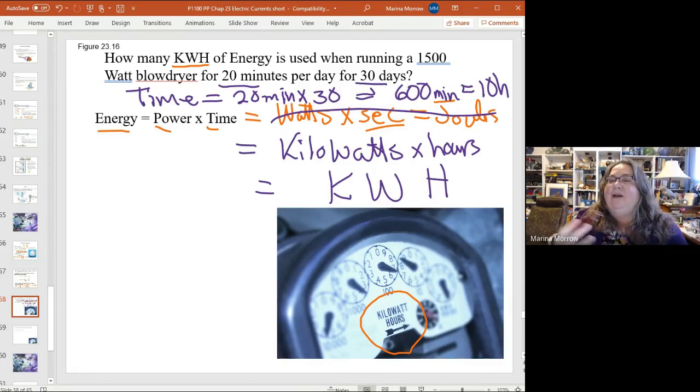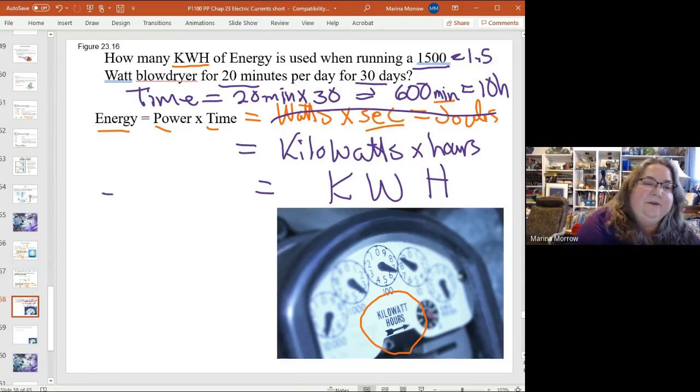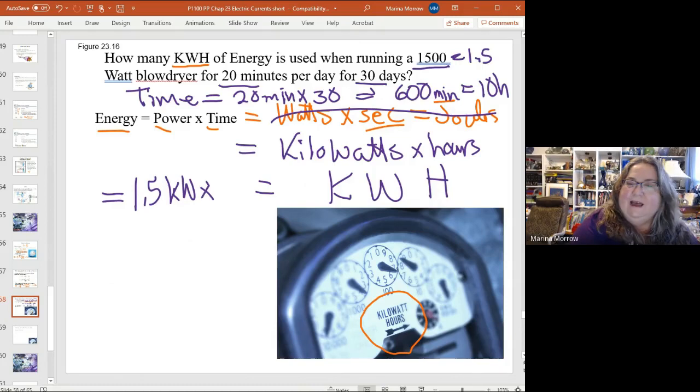Okay, and then you can have your power in kilowatts. Well, 1500 watts is going to be 1.5 kilowatts, right? So your formula would end up being power, 1.5 kilowatts, times your time in hours, which was 10.